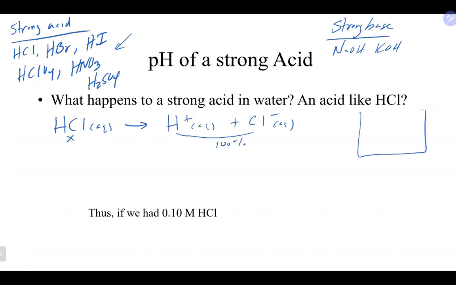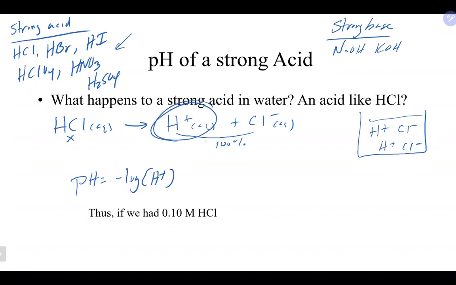So really, in a solution of HCl, you basically have all these ions floating around like so. To calculate the pH, we do need minus the log of the H plus concentration. So really, the important thing for figuring out the pH of a strong acid is to figure out the H plus concentration. And really what we need is the molarity of the whole thing. If you remember, we talked about molarity.